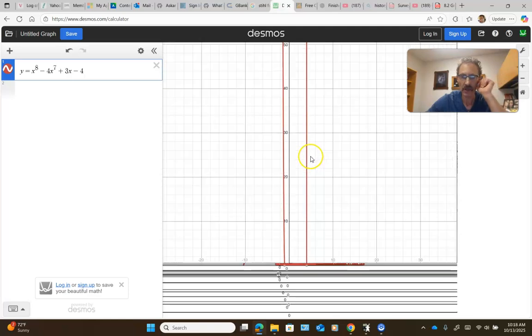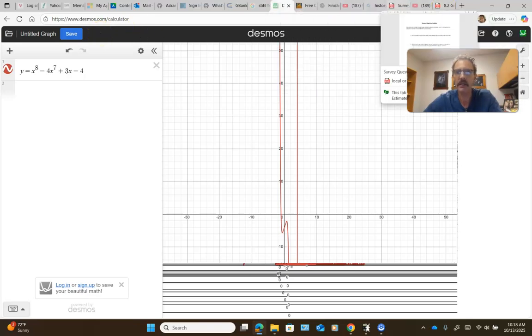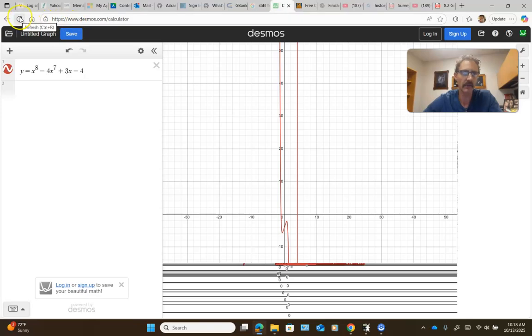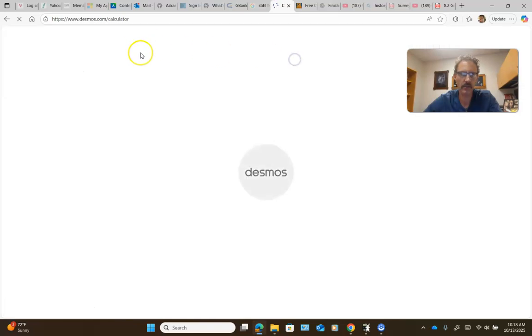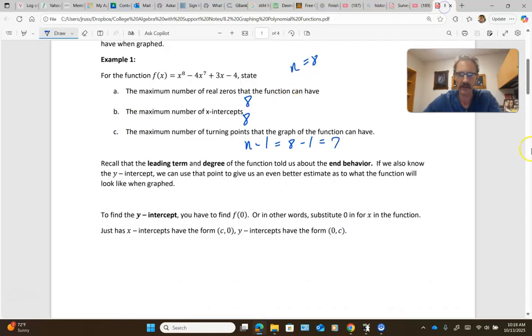So we could potentially have some other zeros way out here, but the ends are going to have to come back down and then go back up again, okay? So, like I said, knowing what that leading term is is pretty powerful in getting an idea of what the graph of a function is going to look like. I'm going to refresh or reload this. There we go. Alright, so let's get back to the notes.